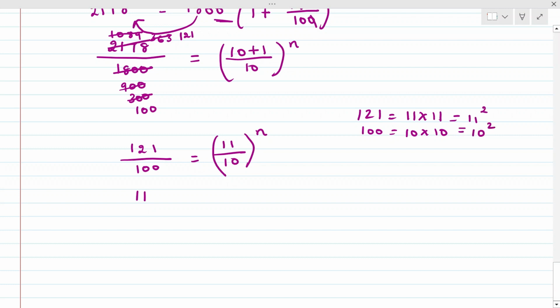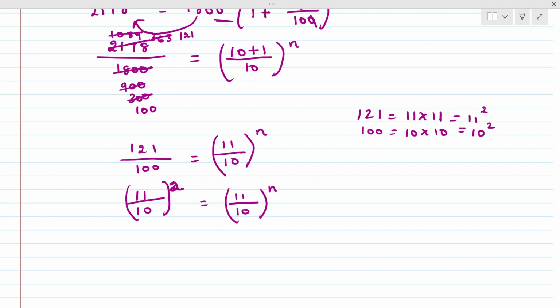So we will write it as 11 divided by 10 the whole square, which is equal to 11 by 10 the whole power n. Sorry, here it is 2, not n. 11 square is 121 and 10 square is 100. So here the power is 2.